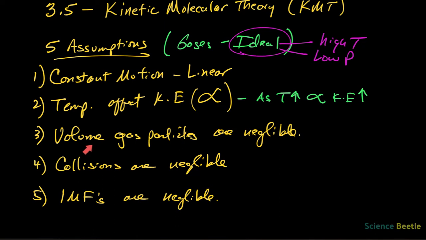And so the volume that it occupies is extremely small and virtually negligible in terms of our consideration. Now the collisions are negligible largely because the kinetic energy of one molecule, when it collides with another molecule, is essentially going to transfer that energy to the other molecule and vice versa. So there is very little loss of kinetic energy here for the gases.